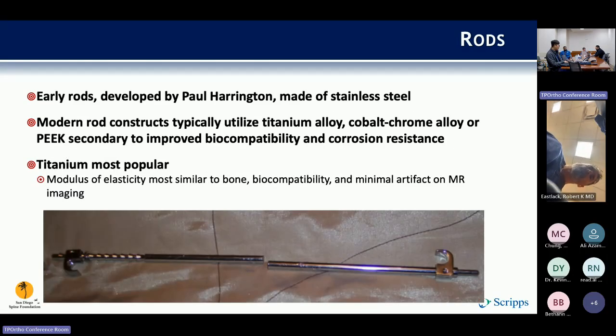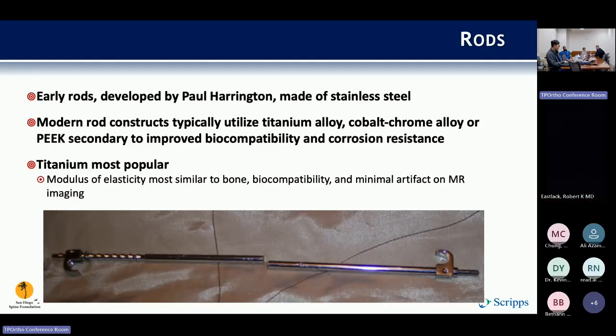This is an example of an early rod, the Harrington system. It was made out of stainless steel. These early rods offered rigidity, but were limited in malleability and failed to mimic natural spine biomechanics. Over time, the field evolved to titanium and cobalt chrome, depending on the balance of stiffness versus flexibility that we would need on a case-by-case basis.